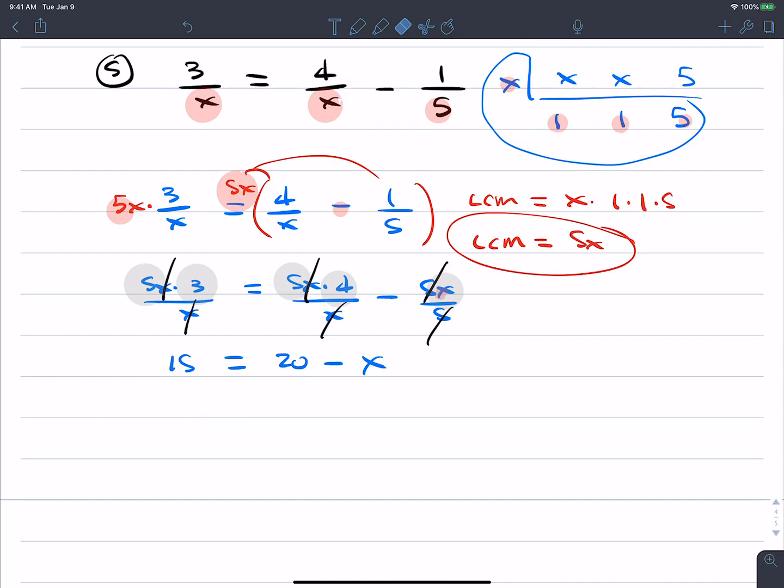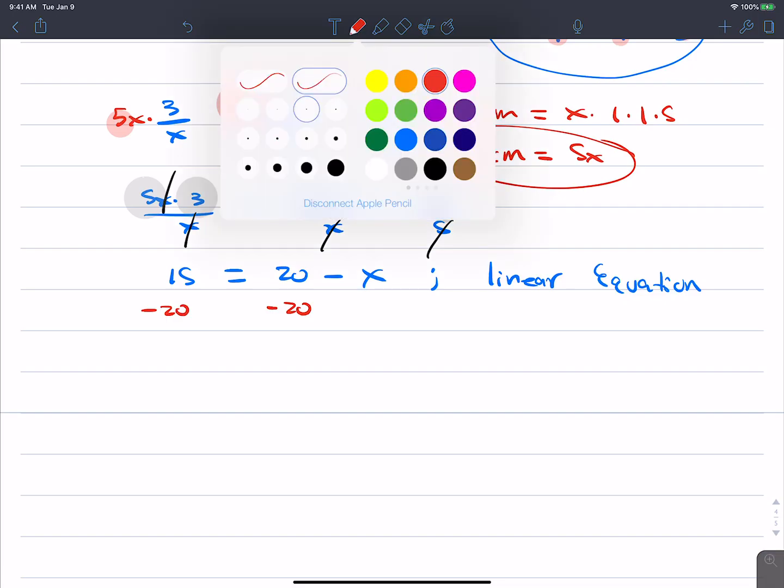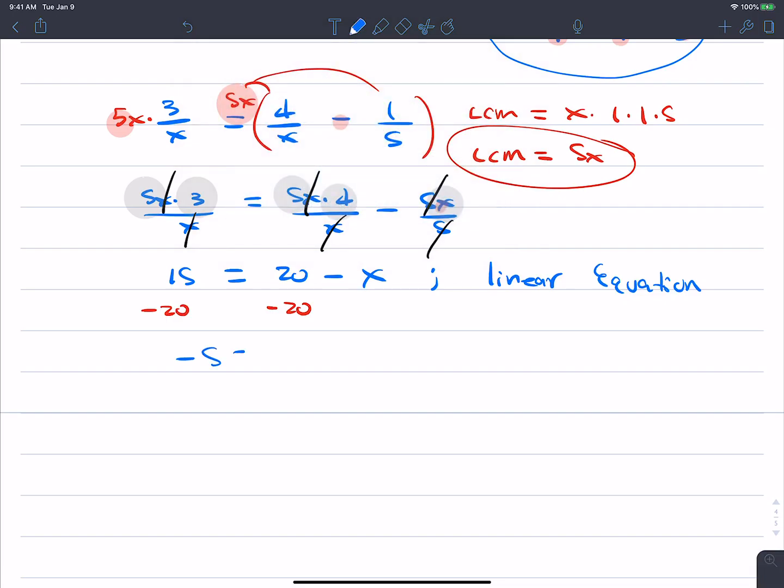What kind of equation is this? Do you guys know? This is a nice linear equation. So we can solve this. We can subtract 20 from both sides. We end up with negative 5 equals negative x. And what do you guys do now with this?